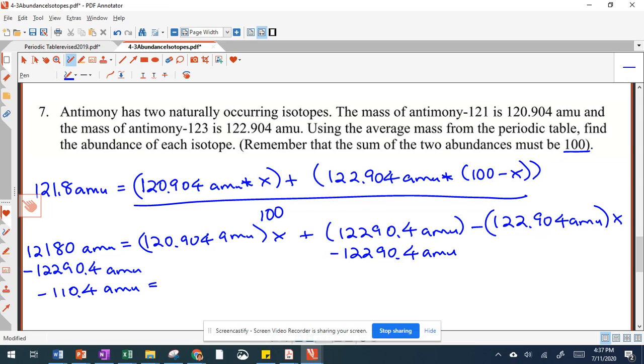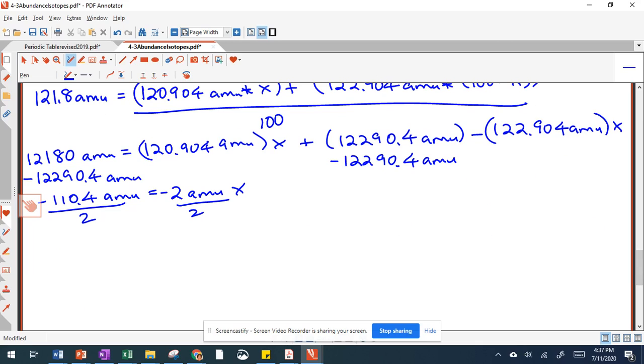I'm going to get 120.904 minus 122.904. That's going to give me 2 AMUs. And then I'm going to have to divide each side by 2. And so that's going to give me 55.2% is equal to X.